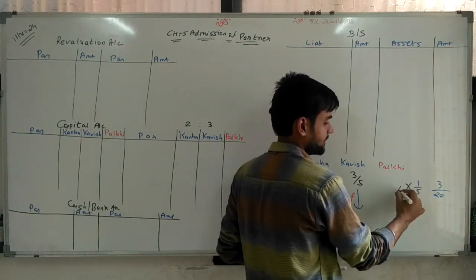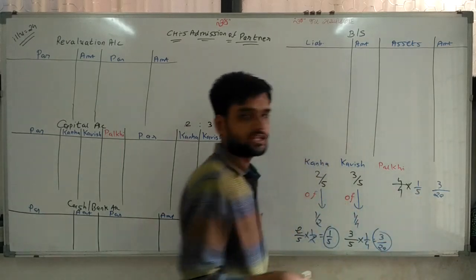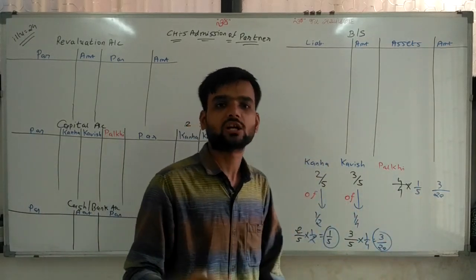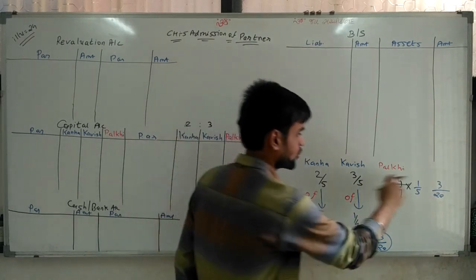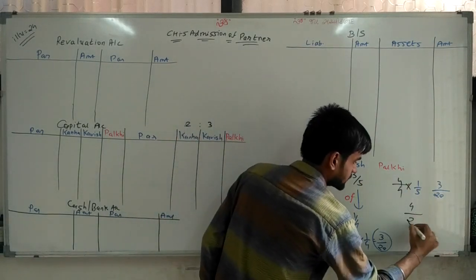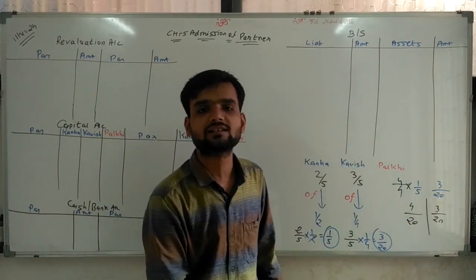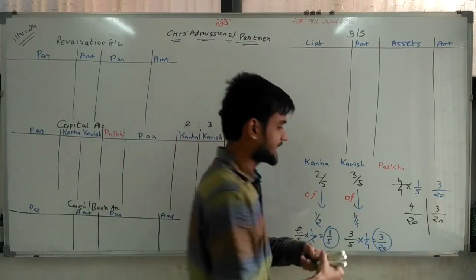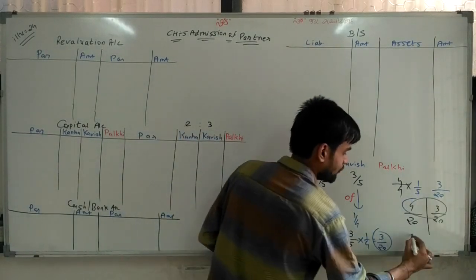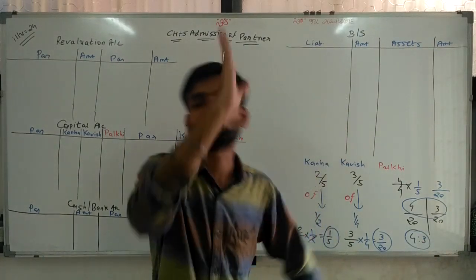So multiply with 4, numerator and denominator both. 4 ones are 4, 5 fours are 20, 3 upon 20 as it is, no tension. Now the denominator is the same, so the sacrifice ratio is 4:3. That's it.